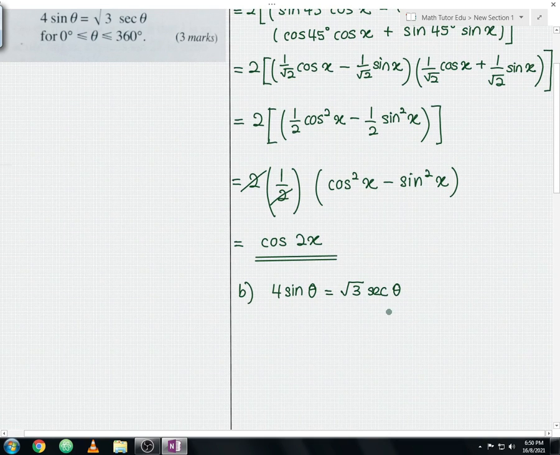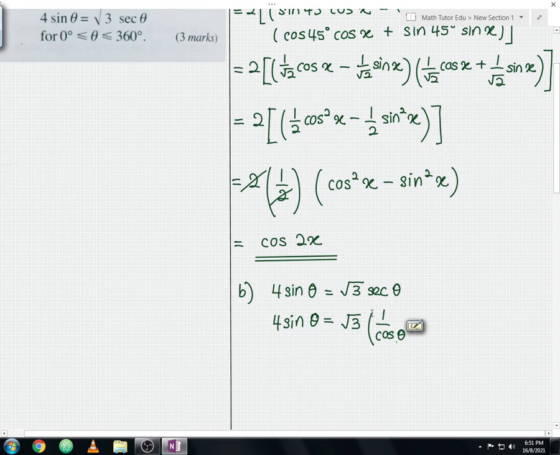Secant theta can also be expressed as 1 over cos theta, guys. So from here, our next step will be 4 sine theta will be equals to square root 3 times with 1 over cos theta.